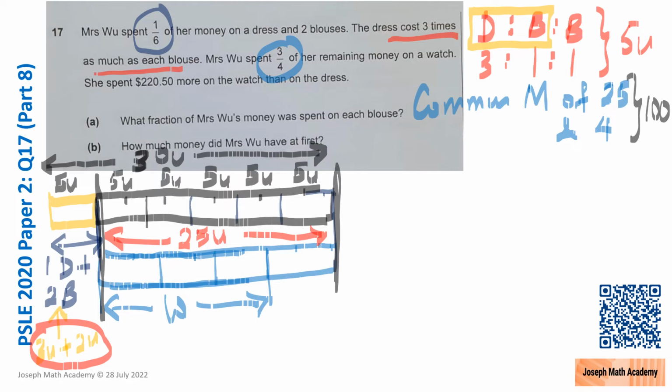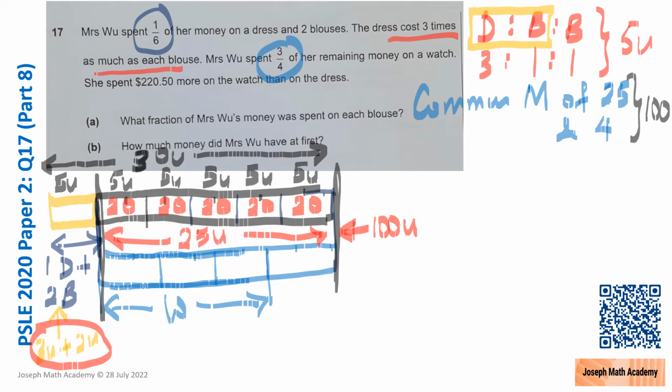So that means this 25 over here is now 100 units. Okay, so what does it mean? That means this is 20 units, 20 units, 20 units, 20 units, 20 units, because 20 times 5 is 100.